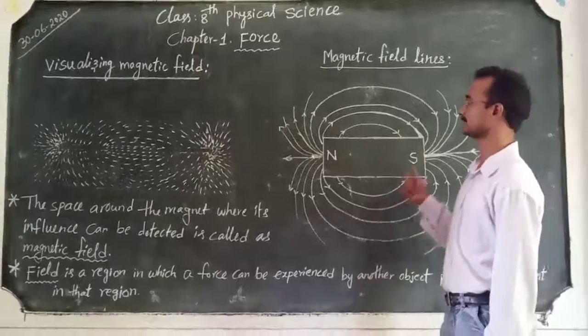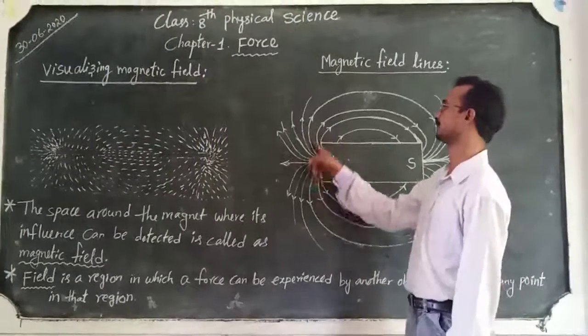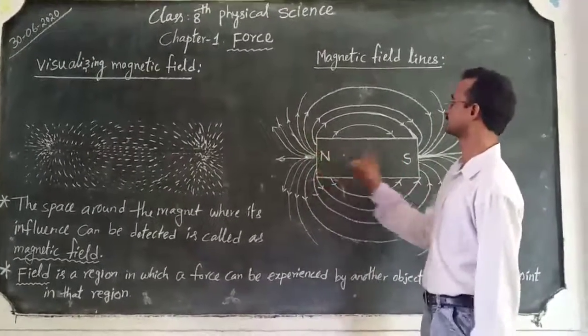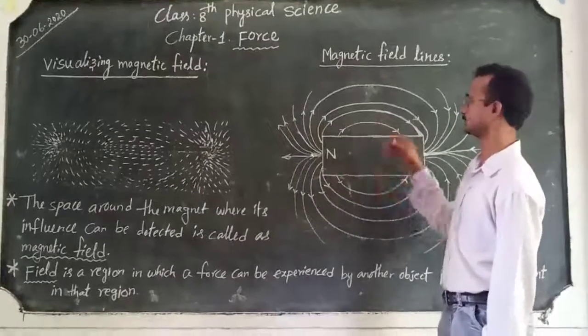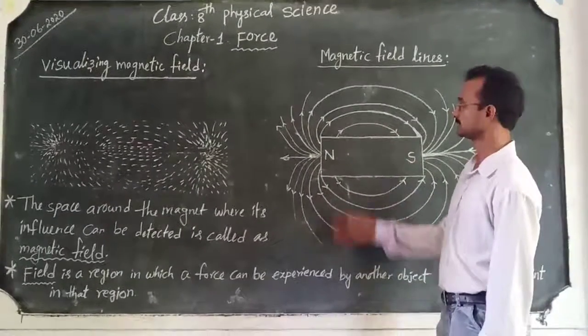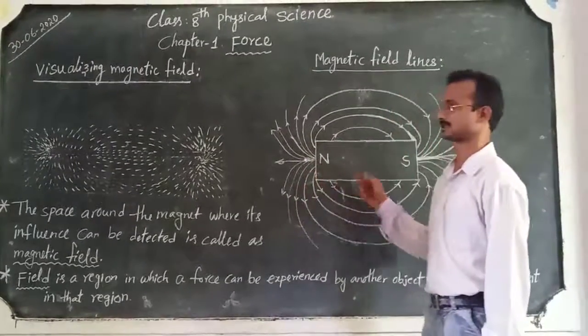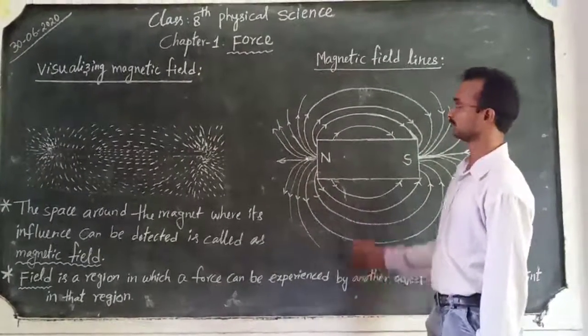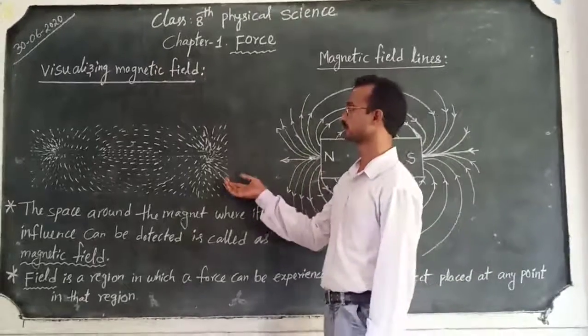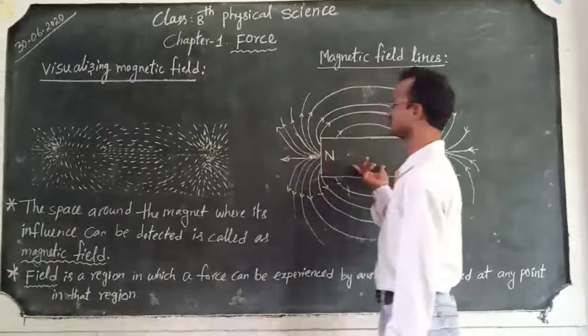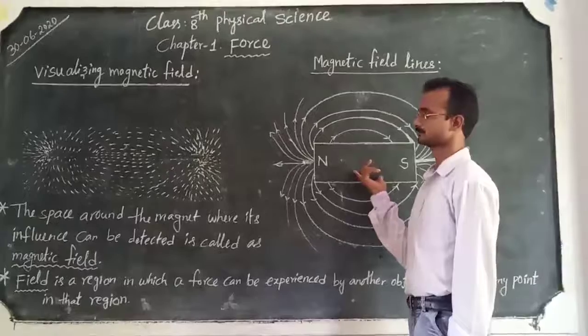Based on this, we can identify that the strength of the magnetic field is more at the poles and less at the middle of the bar magnet. Based on the number of lines, we can say the strength here as well. This is about visualizing the magnetic field and the diagram of the magnetic field lines.